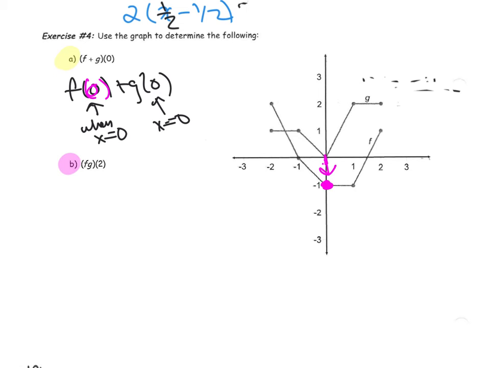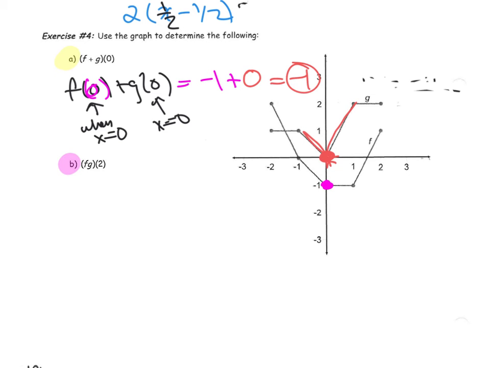So this is going to equal -1 plus g of 0. Where is x equal to 0? That's right here, and it just so happens that that also entails this function at this point. So g of 0 is 0. So my final answer is -1.